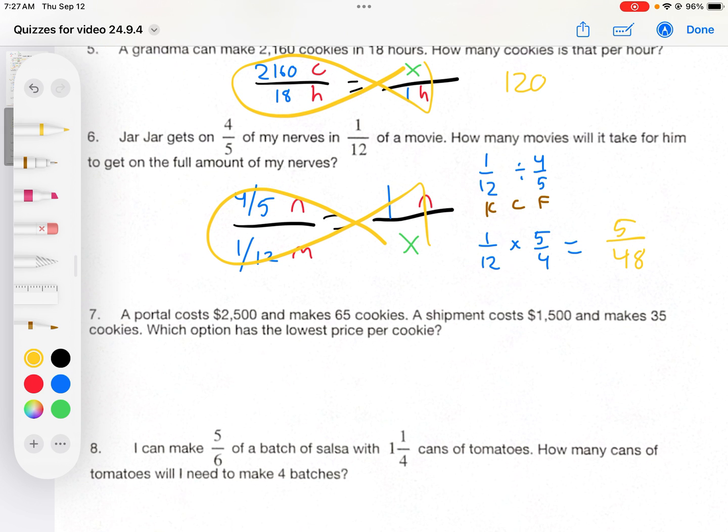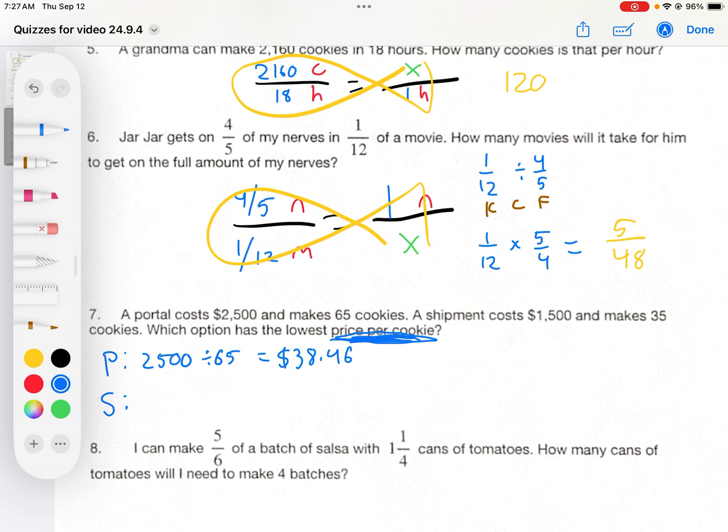Number 7, we have another shopping problem. And I'm going to emphasize that we're being asked to find the price per cookie. That means we want to divide the price by the cookies. They are in that order in this question. So the portal is $2,500 for 65 cookies. $38.46 per cookie.